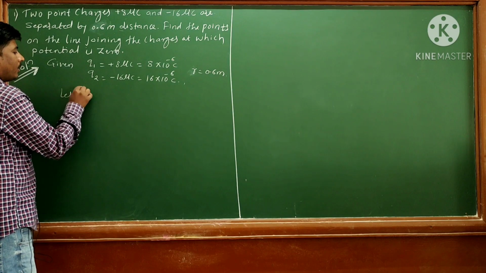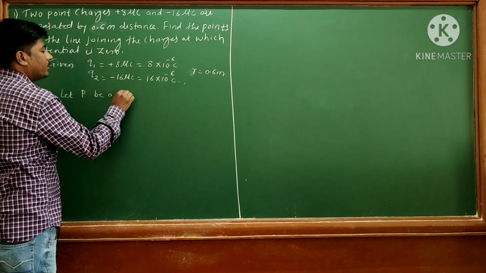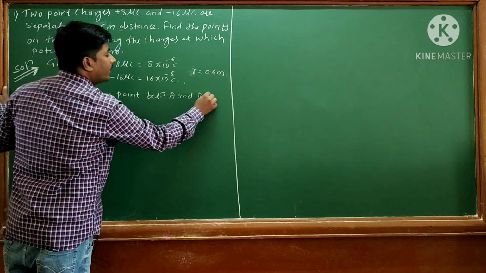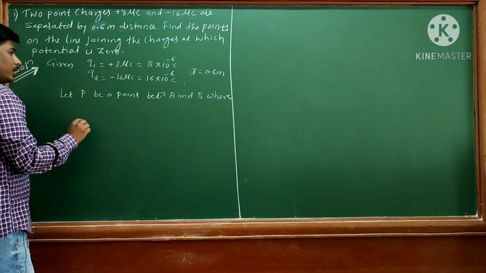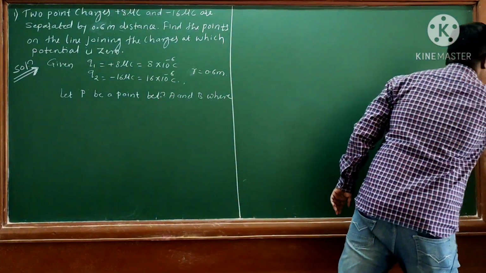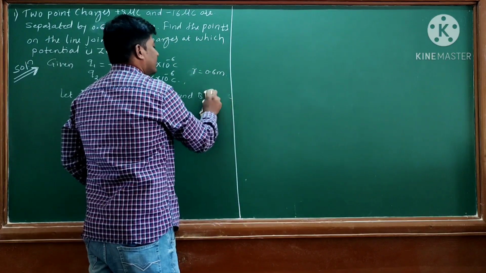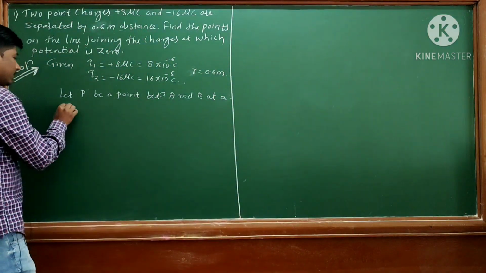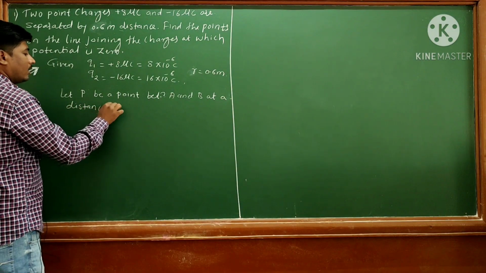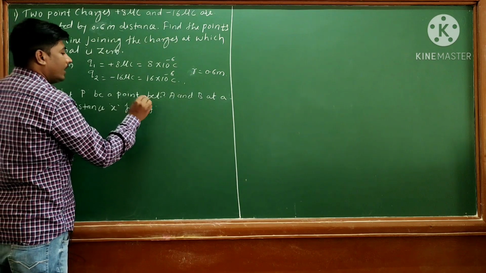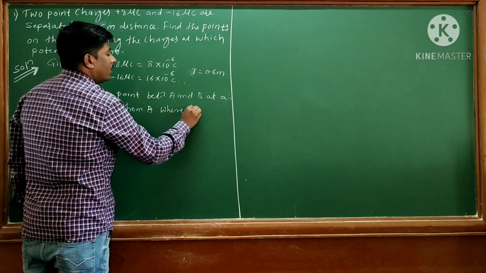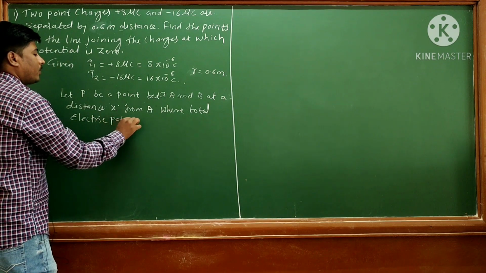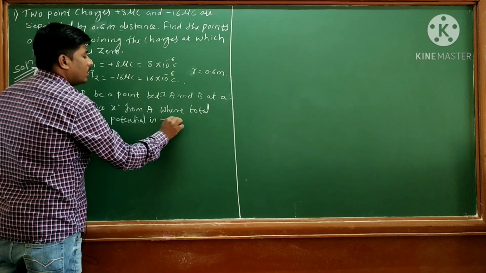So let P be a point between A and B at a distance x from A, where the total electric potential is 0.